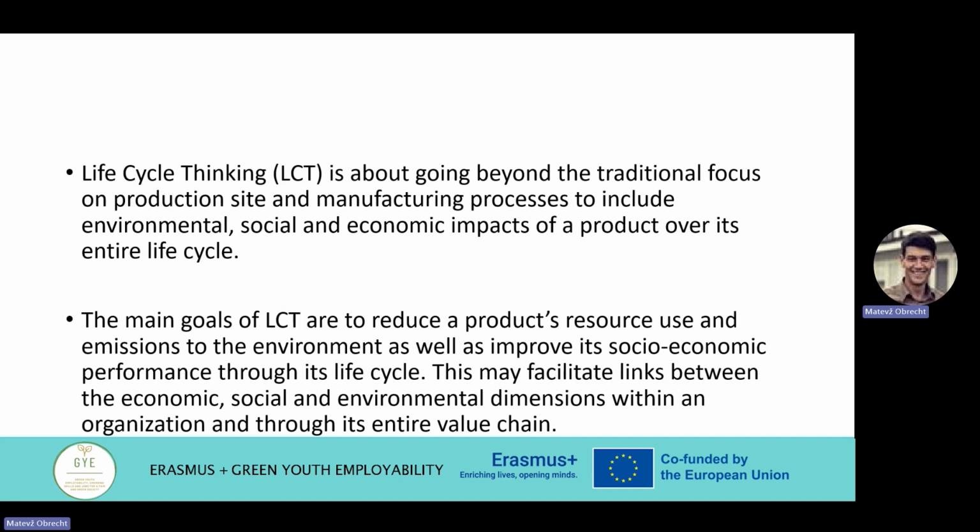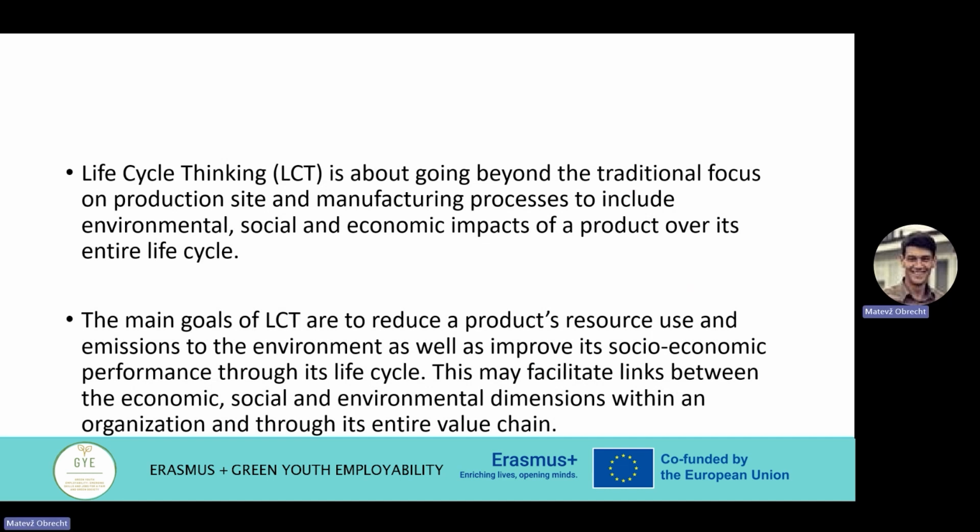So this is the basic idea of life cycle thinking. We shouldn't talk just about the use phase. We should also talk about how to power something, how to use it, how to produce it, what to do with a certain product after the end of life, and so on. So life cycle thinking is about going beyond the traditional focus on the production side and manufacturing or use, and including environmental, social, economic impacts over the entire life cycle.